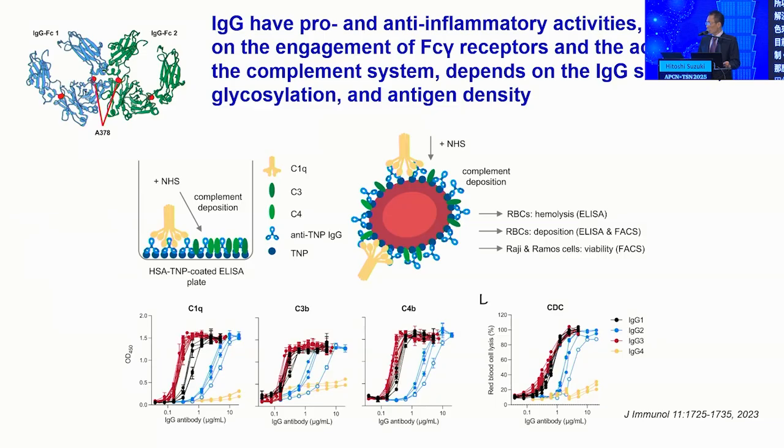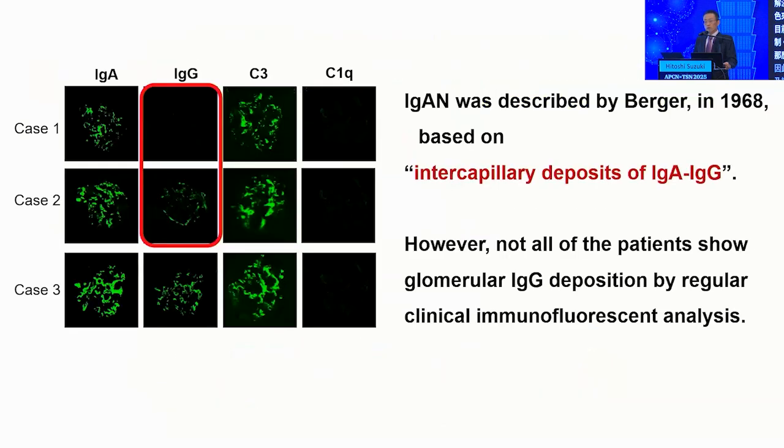So usually the IgG1 and IgG3 subclasses activate the complement system. Initially, IgA nephropathy was described as an intercapillary deposit of IgA and IgG. However, not all of the patients show glomerular IgG deposition by regular clinical immunofluorescent analysis, as shown here.